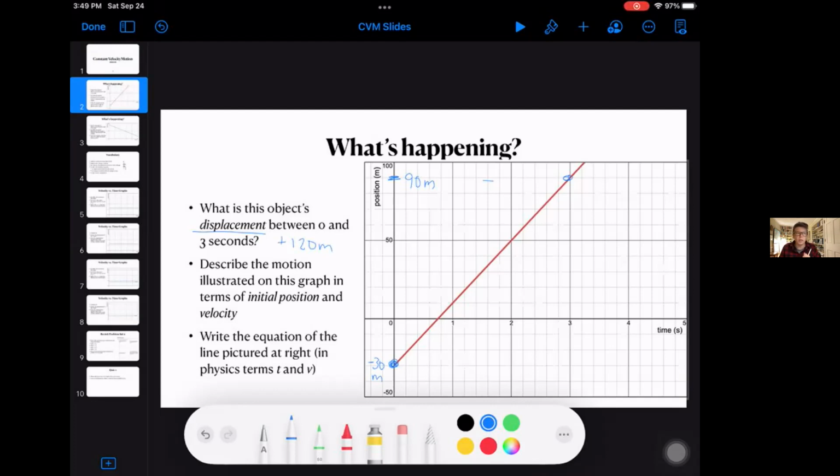Take a moment and look at describing this object's motion in terms of both initial position and velocity. I'll give you a moment to think about it. Answer it in your head.